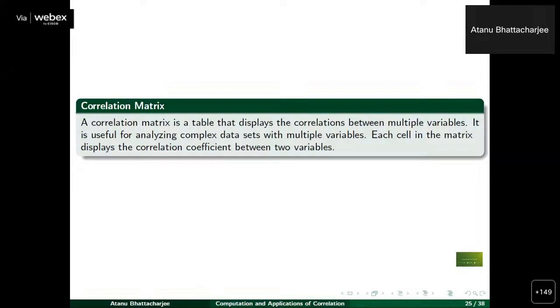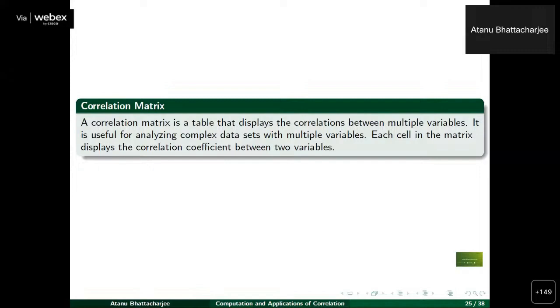Then age with age would be 1, perfectly correlated. Height with height would be 1, and weight with weight would be 1. But age with height would be something like 0.8 or 0.9. Then age with weight, and age with other parameters.